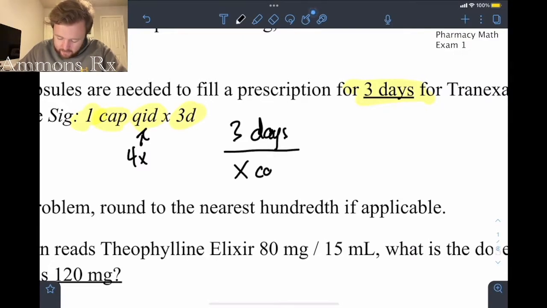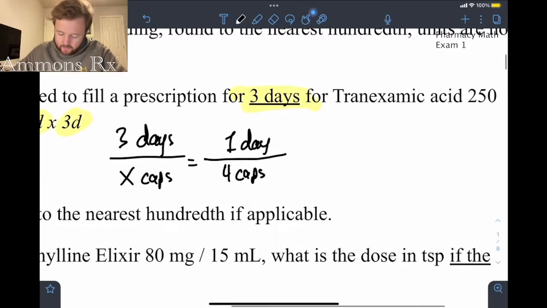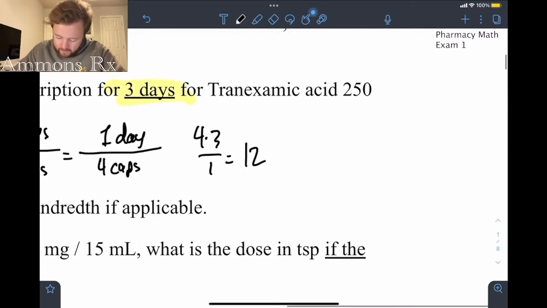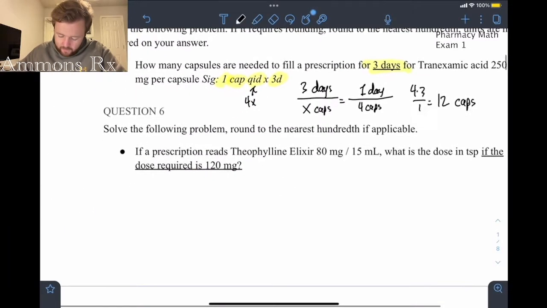How many capsules? And they take 4 capsules in a day. So it turns into 4 times 3 divided by 1, which is 12 capsules.